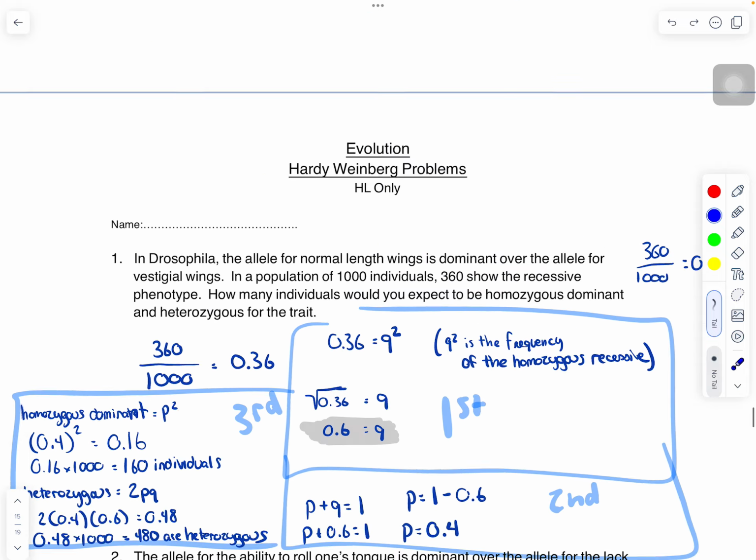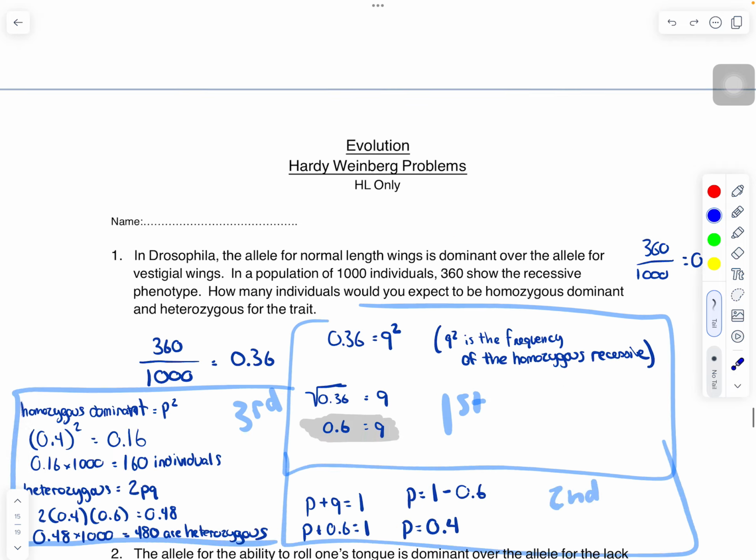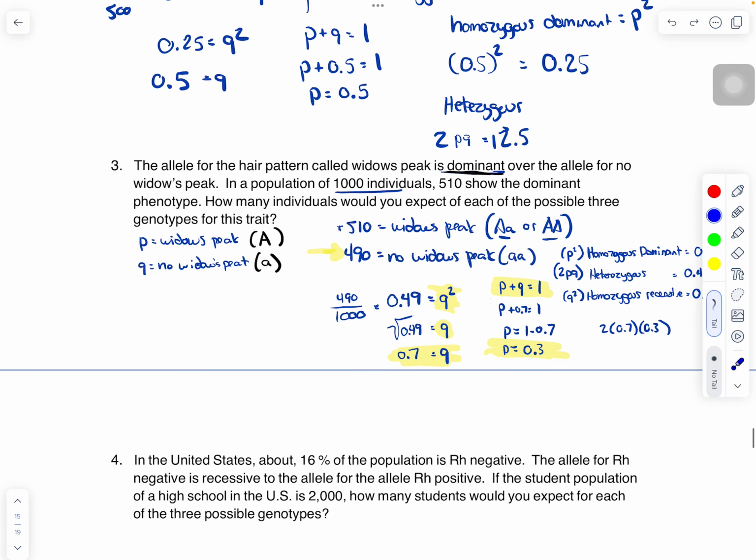Going back up to the equation, we know no widow's peak is q squared, right? So that's what I've put right here. And we know 490 divided by 1,000 is 0.49. Okay, so to get q, I just need to take the square root of 0.49. That's 0.7, right?